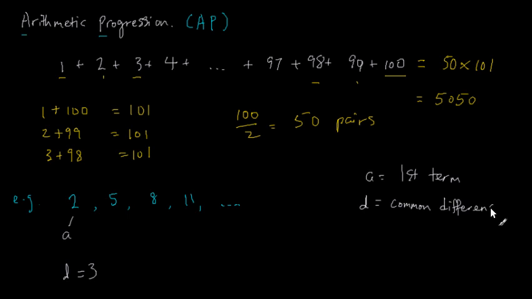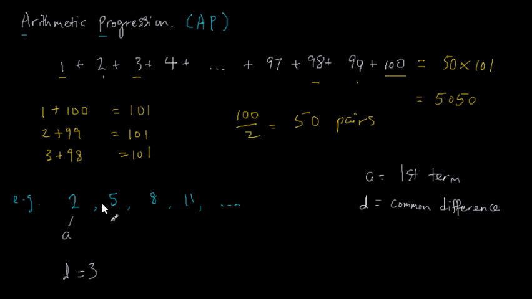And the reason why it's called a difference is because we can get D if we subtract each term by the previous one. So 5 minus 2 is 3. 8 minus 5 is 3. 11 minus 8 is 3.